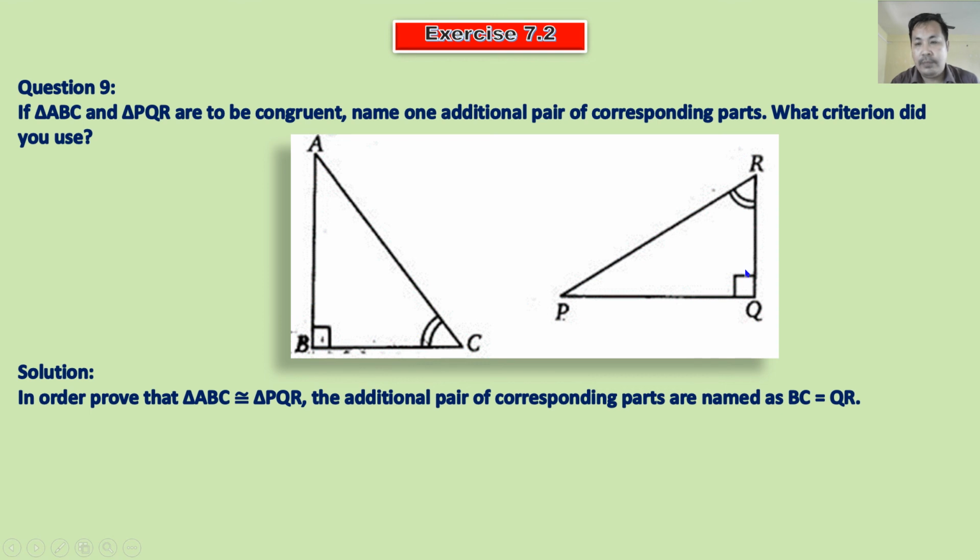BC and QR must be equal, and they are the included sides. Then we can get one criterion. So we use the criterion angle side angle rule of congruence to prove these two triangles are congruent. Okay.